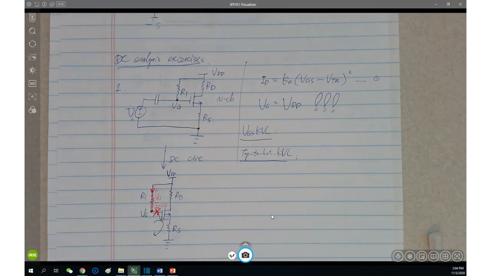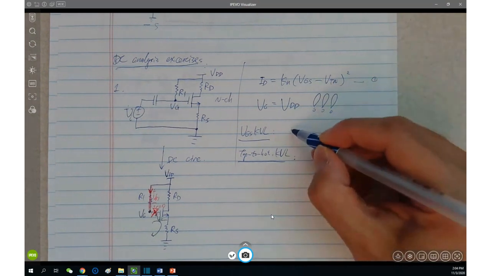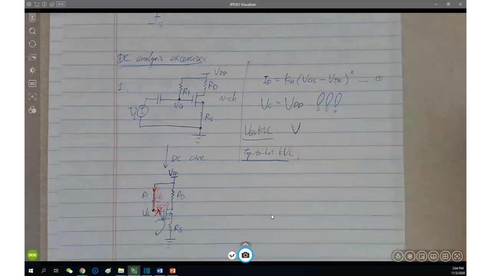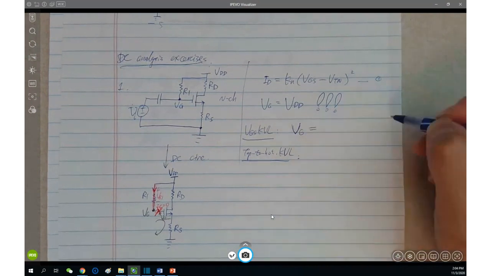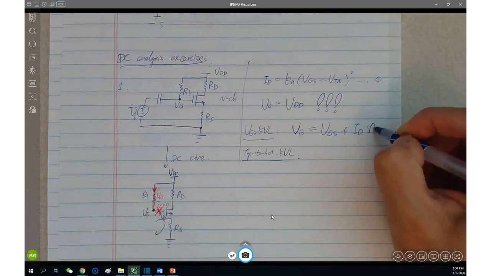Any other questions? And then what is the KVL for VGS then? Would that be VGS equals VG minus RS times ID? Yep, that's quite regular, right? Now you know the VG, it's just equal to VGS plus ID times RS.